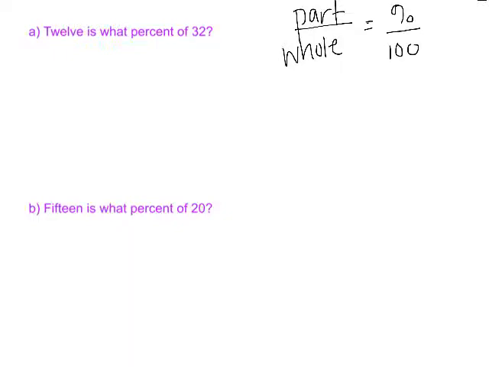So I have 12, and we have this word is, and is means equals. What percent of means multiplication. And I'm actually going to make that a dot instead of the x, just so we don't get confused with the variable.